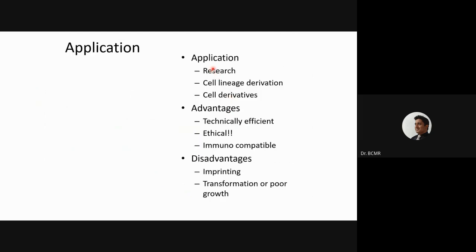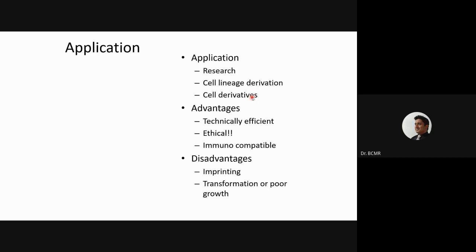So if we see embryonic stem cells as such, they are very useful for research. Majority of the understanding of genomic imprinting has come from the uniparental stem cell research. They can derive into certain cell types. Maybe they can also derive certain cell derivatives, like maybe platelets or some similar things, which can then be used for therapy.